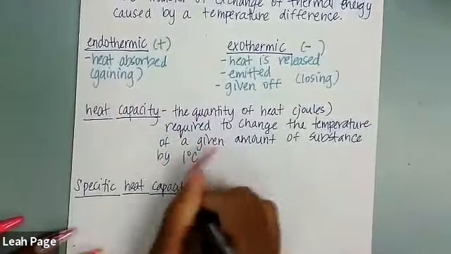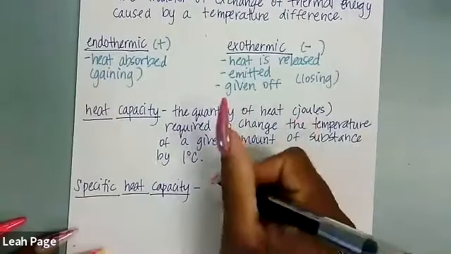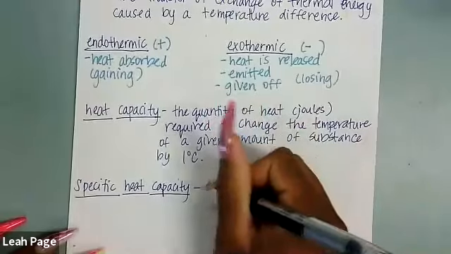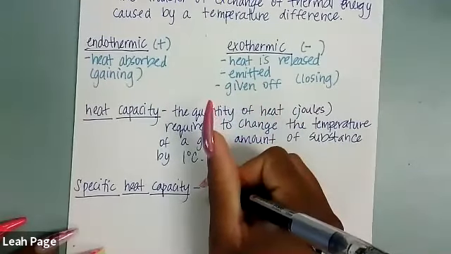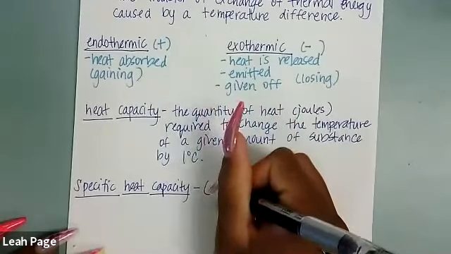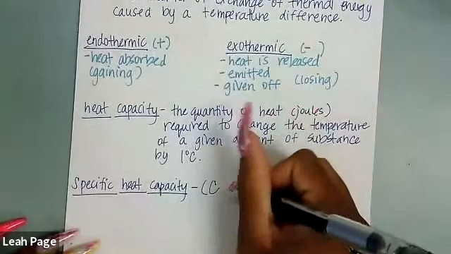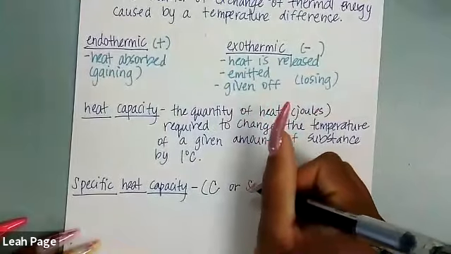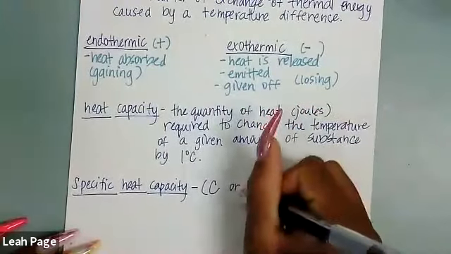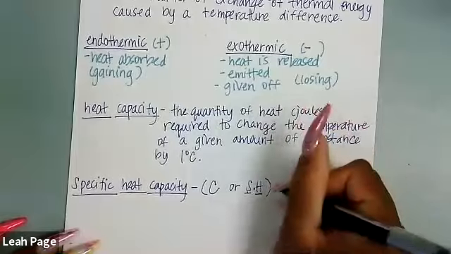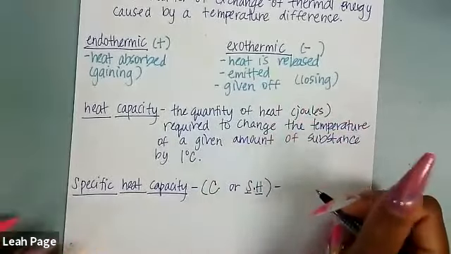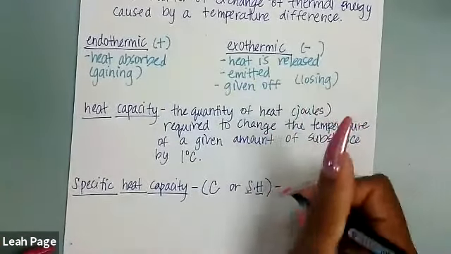The specific heat capacity is the same thing, but we're going to abbreviate it. The symbol for it is the capital letter C. A lot of times you'll see it written simply as S.H., like specific heat, but C is the actual symbol for specific heat capacity.